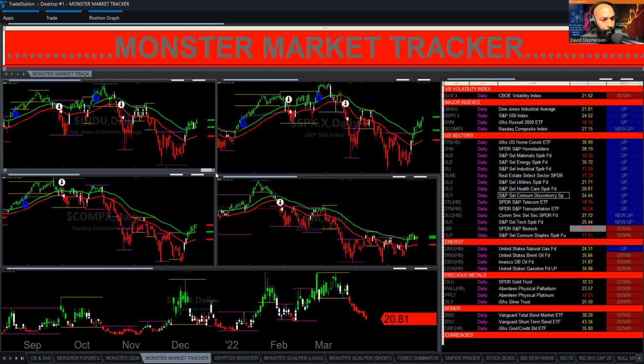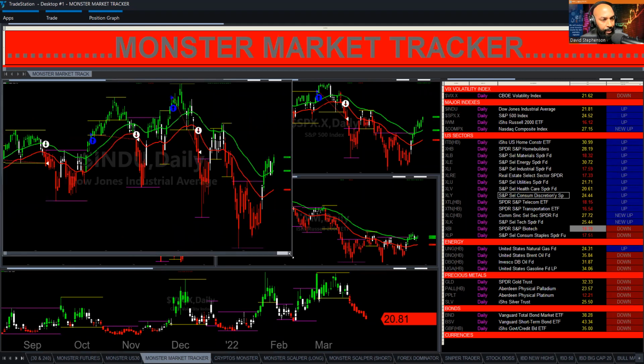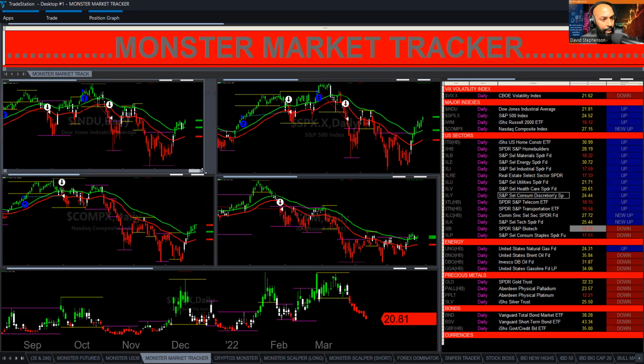We do not have buy signals yet, but we're not in the markdown phase anymore. We've got buying coming in. Green candles, we look to get some buy signals early next week.